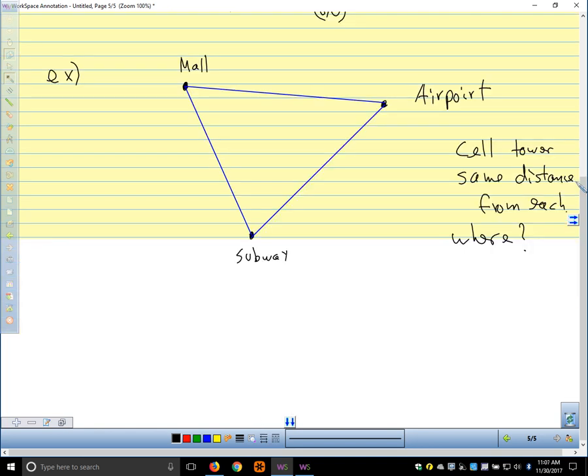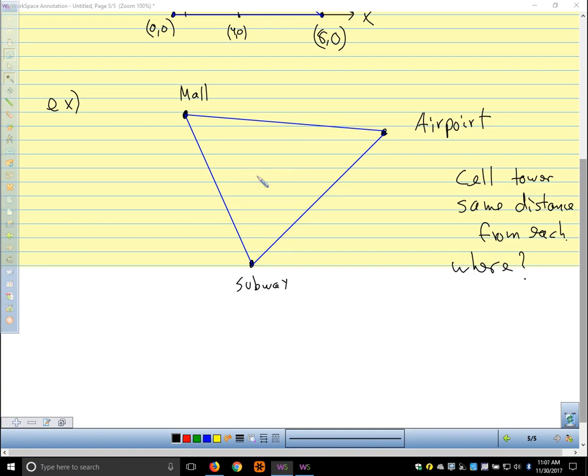So if we were a civil engineer, what we'd have to do is find the circumcenter of this triangle. So we would construct the perpendicular bisectors of each side and find where they intersect, and that's where our cell tower should go. So it would be the same distance from the mall, the airport, and the subway.